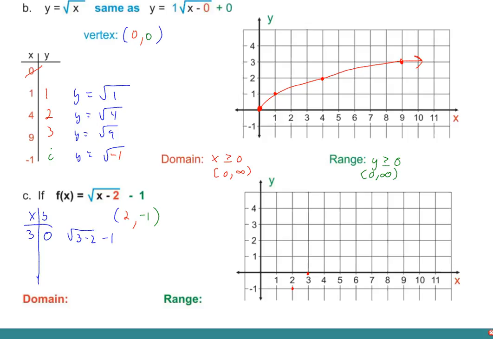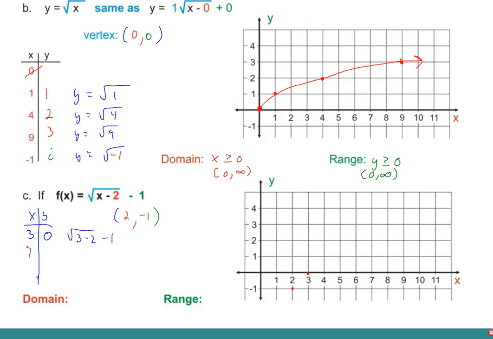Okay, so, all right, square roots. Notice on the top one I did 1, then I went to 4. So I went 1 away from the vertex, then I went 4 away from the vertex.